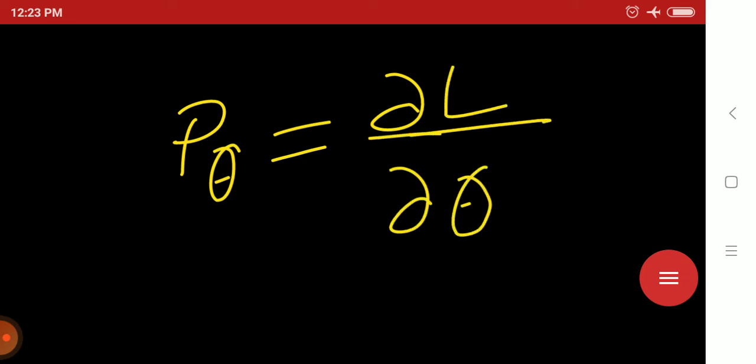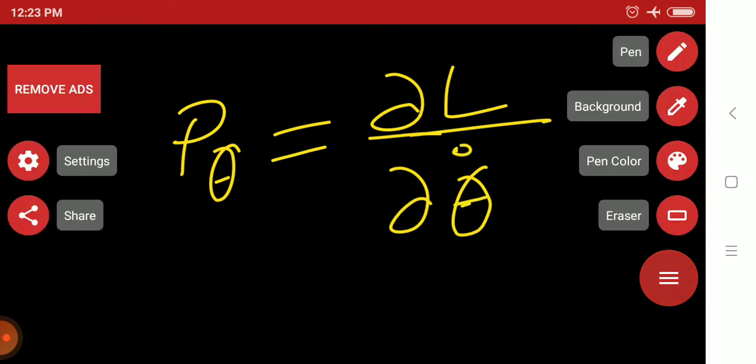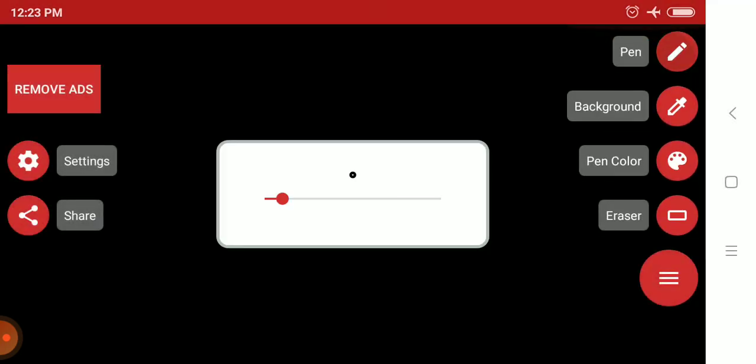So we have got lastly this equation for motion of central force. I'm doing a quick recap. Under the motion of central force, what will be the Lagrangian?